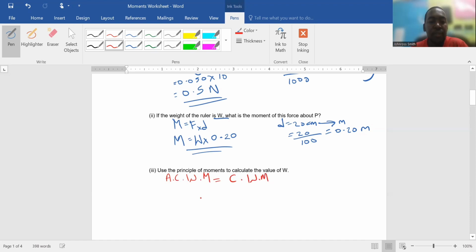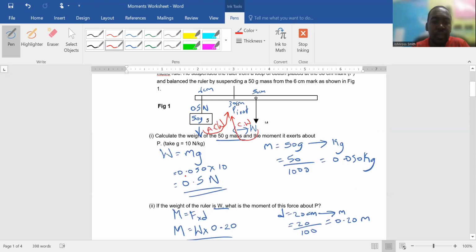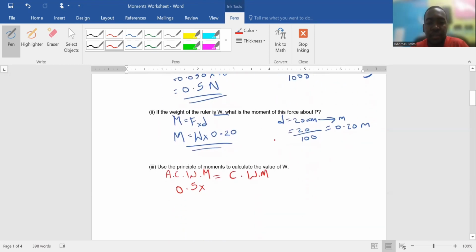moment. The anti-clockwise moment was already the 0.5 force times its distance away, which is from 6 to 30, which is 24 centimeters. We change that to meters, so we get 0.24.